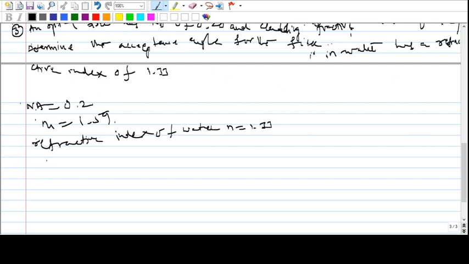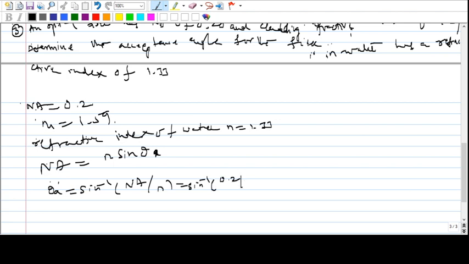Now NA is equal to n into sin theta A. Now theta A is equal to sin inverse of NA by n, sin inverse of 0.2 by 1.59, that is equal to 8.64. This is the third problem.